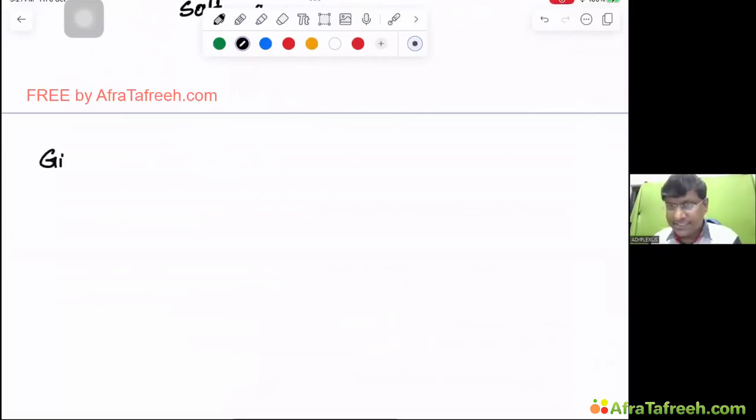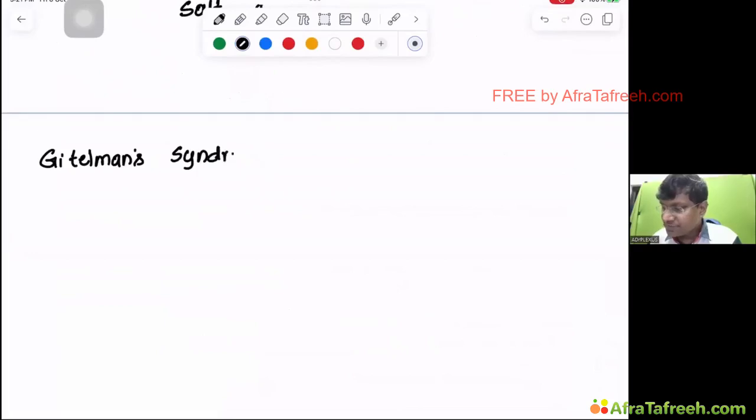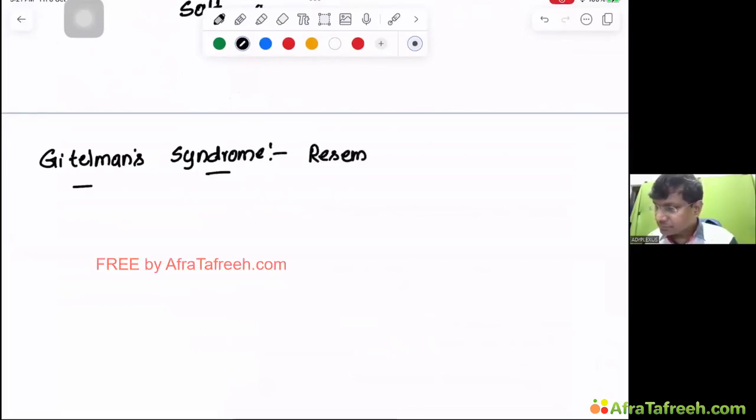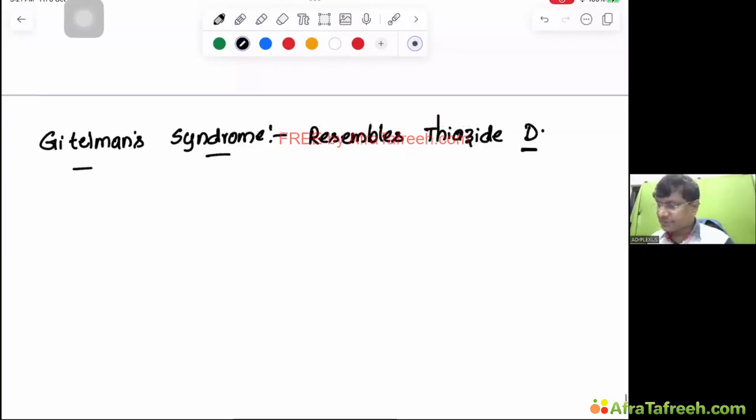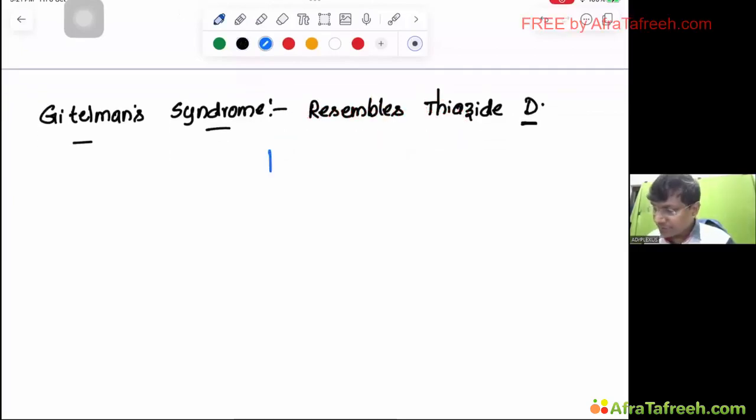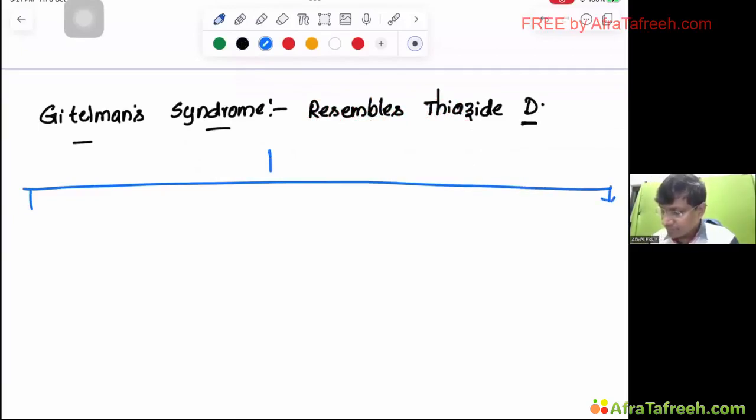Next is Gitelman syndrome. Gitelman syndrome resembles thiazide diuretics. And what type of inheritance is this? Autosomal recessive, right?